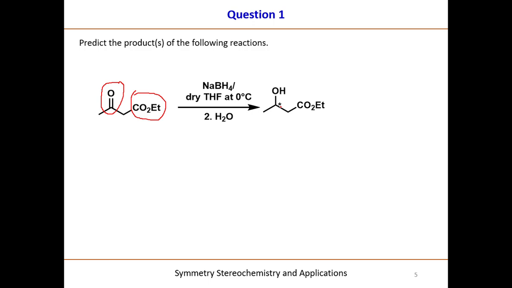That means OH can be at the alpha position also and beta also. That means front side as well as below side. So it will give a racemic mixture, racemic 1:1. So this is a racemic mixture. Got it? So any guesses how this reaction is happening with this reducing agent? Does anyone know the mechanism?